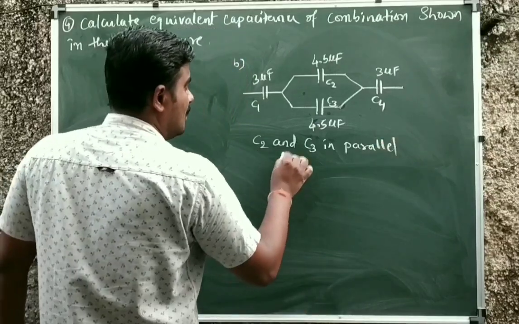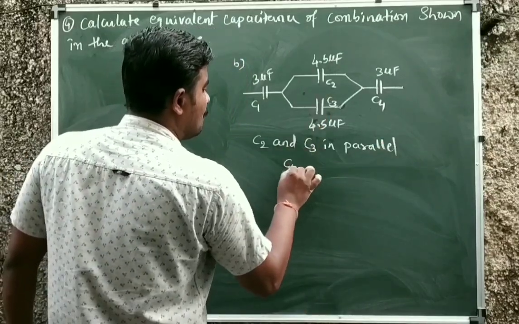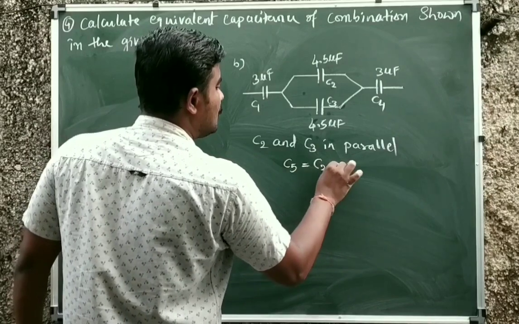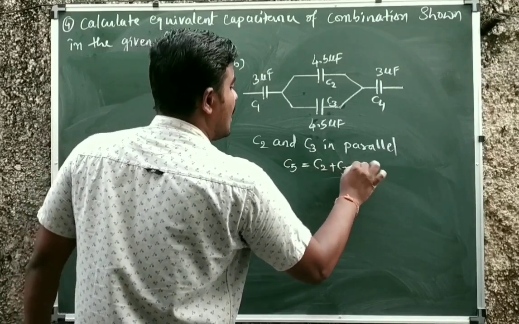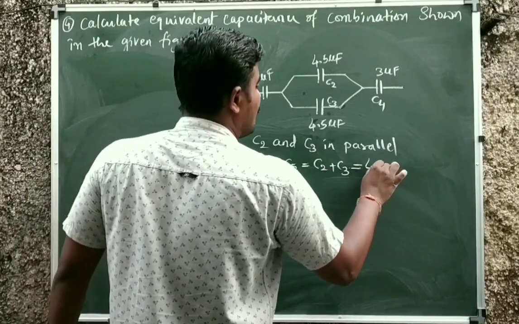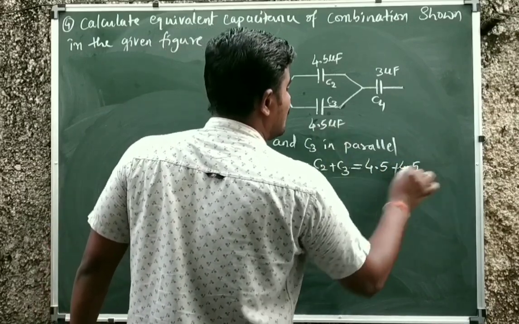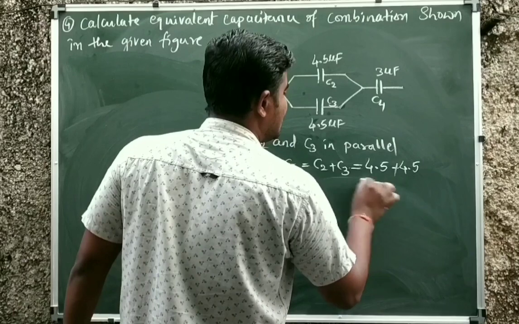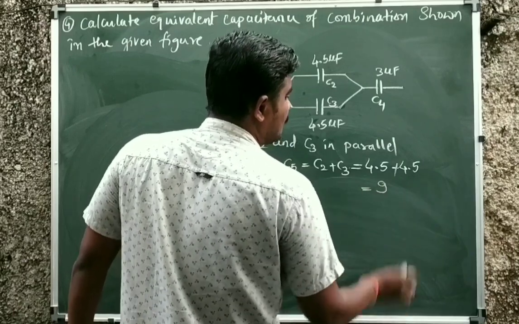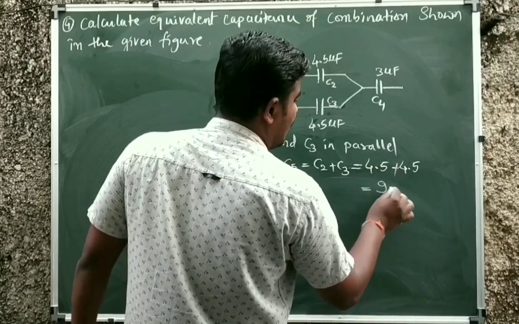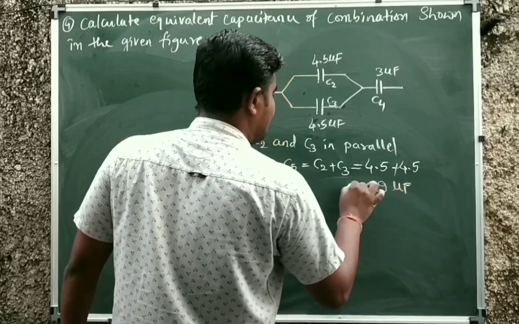Therefore, let us call it C5. C5 is equal to C2 plus C3, and C2 is how much? 4.5 plus C3 is also 4.5. 4.5 plus 4.5 is 9 microfarad, C5.